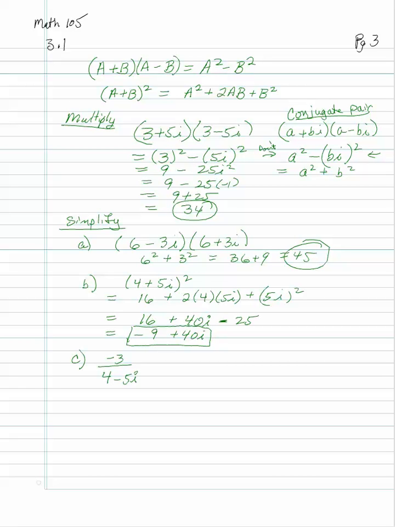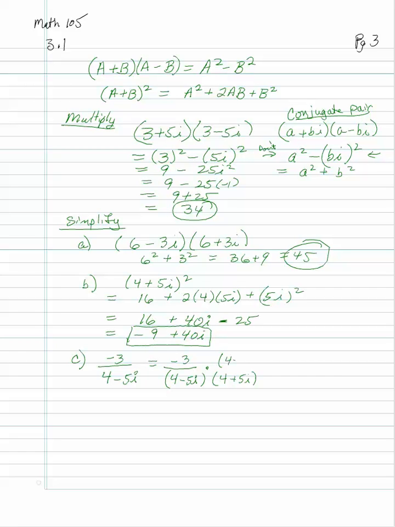Okay, so if I need to simplify negative 3 over 4 minus 5i, it's kind of like we did with radicals. You want to get rid of that square root on the bottom. Well, i is a square root. So what I need to do is multiply the top and the bottom by the conjugate of the bottom. So I multiply by the conjugate of 4 minus 5i, which is 4 plus 5i.